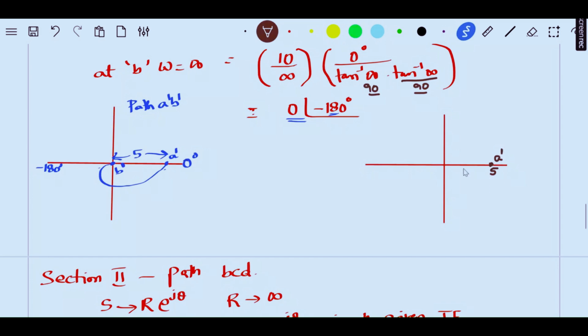So from here to here, whatever we say, it is phi. Now the contour of A dash B dash is in this way, so the contour of A dash and D dash will become this direction. It is a mirror image of A dash B dash.